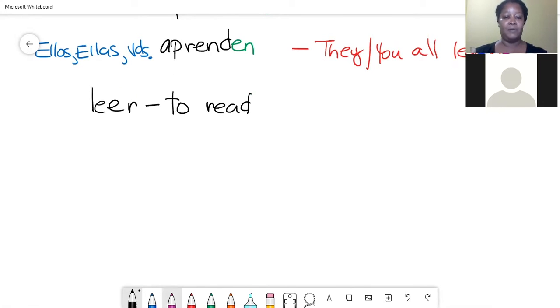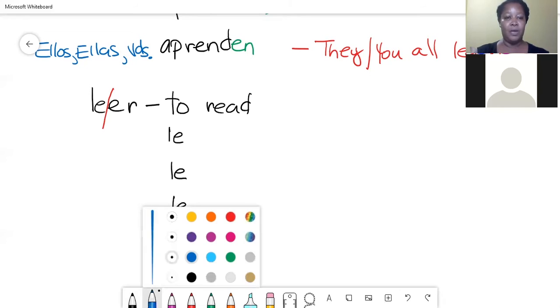Second step, separate your stem from your ending. Third step, write the stem, which is le, 5 times. Le, le, le, le, le. Fourth step, insert your pronouns in the correct order.